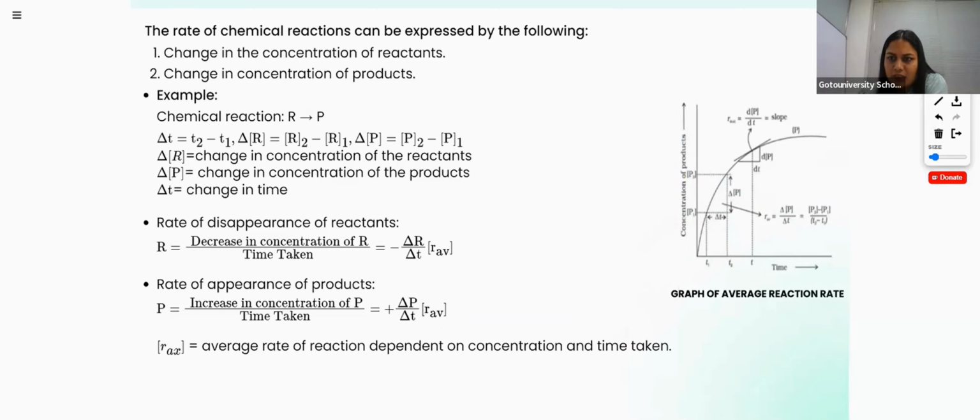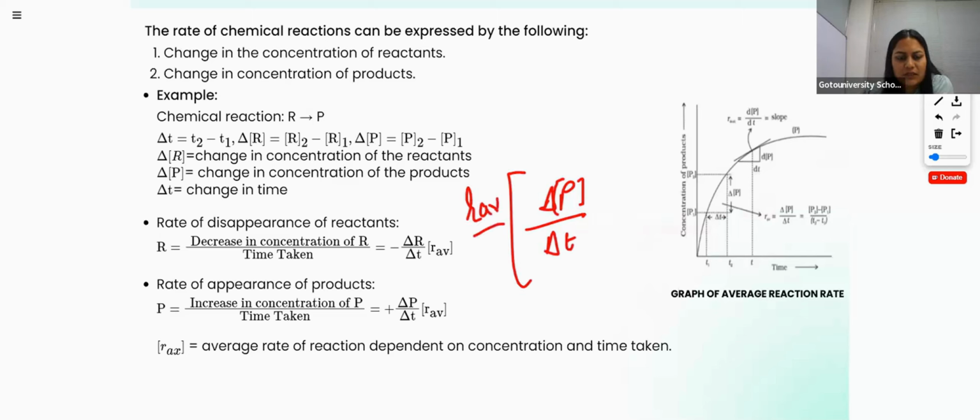And this way of writing the rate, delta P by delta T, is known as the average rate, or average rate of reaction, which is dependent on the concentration and the time taken.